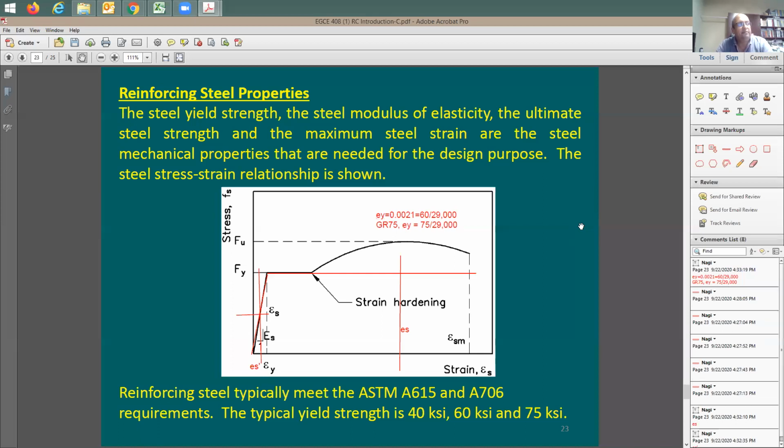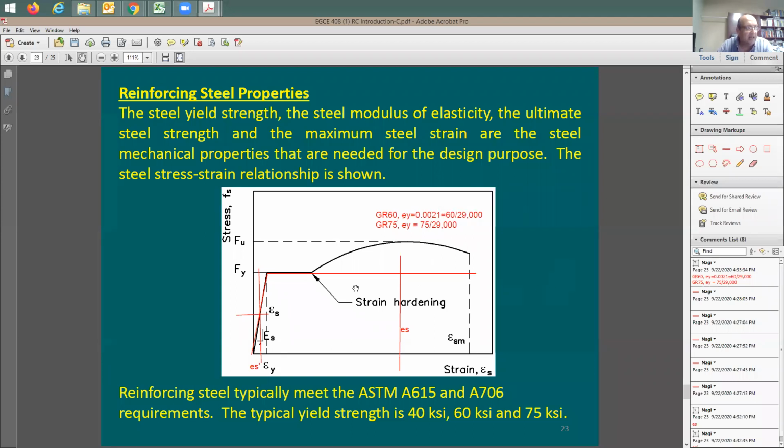Very good. So for grade 60 steel, this is the yield strain, 0.002.